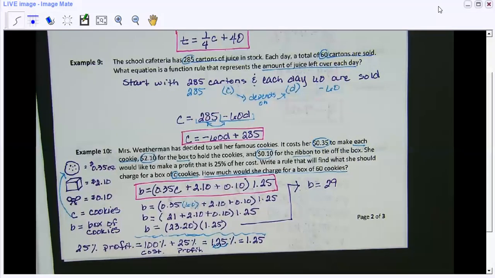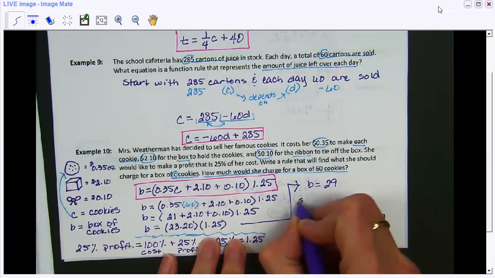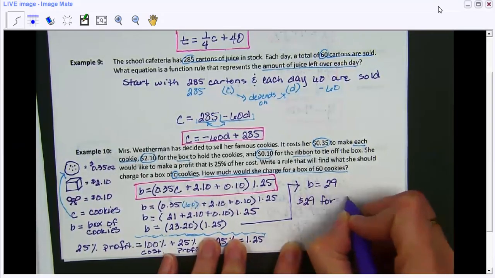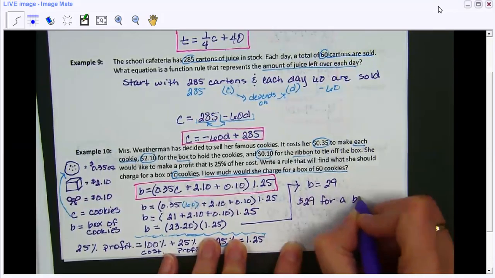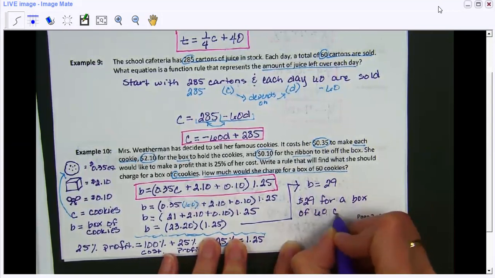Okay. Now, you can't just write that as your final answer. What does 29 mean? What does it represent? And so your final answer is that it is $29 for a box of 60 cookies.